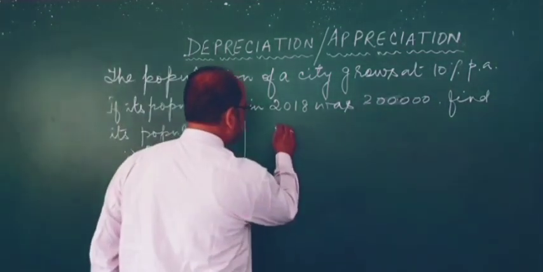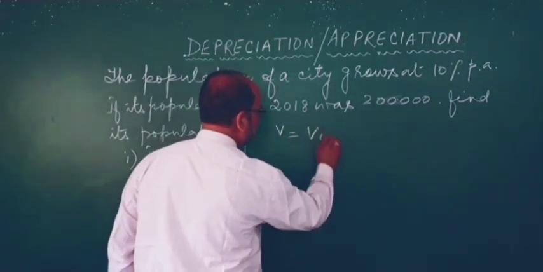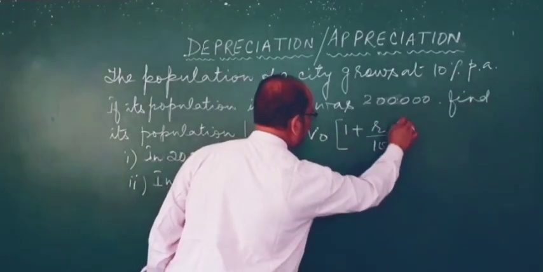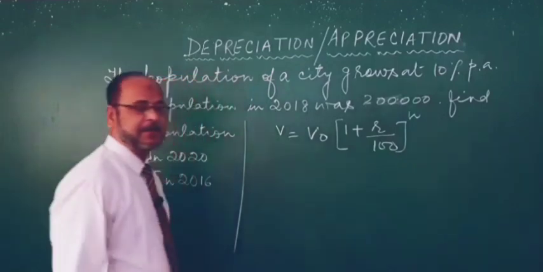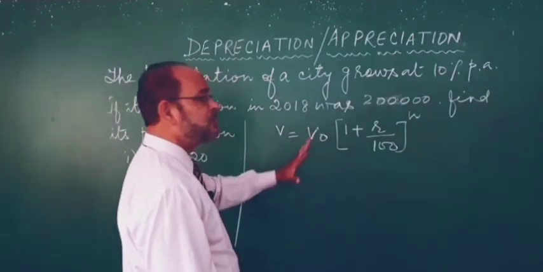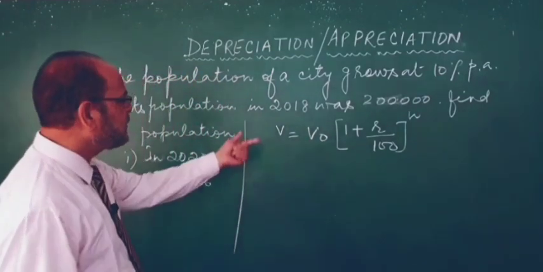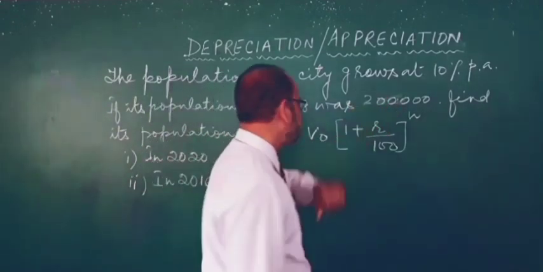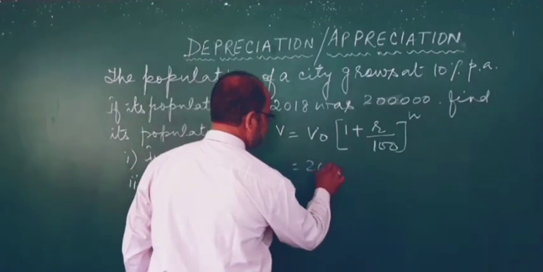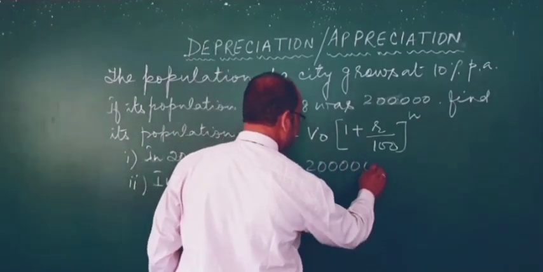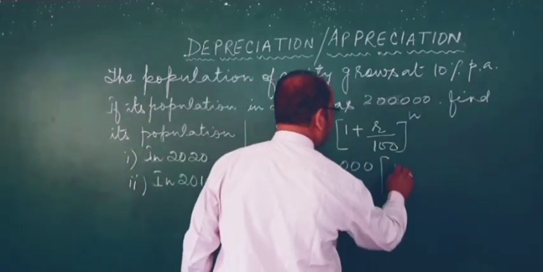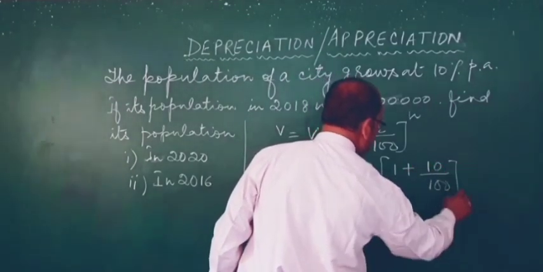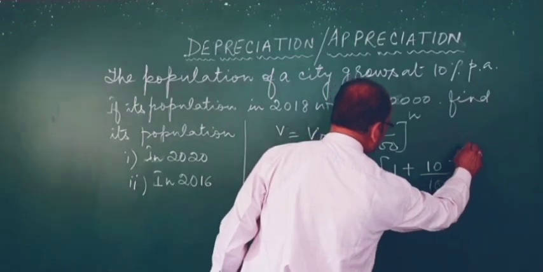So we will write this formula V equals V0 (1 plus R upon 100) to the power n. What is V0? V0 is the present. So here the present population is the population of 2018. It is 2 lakhs. So we will write 2 lakhs here. 1 plus rate is 10 upon 100 to the power n, and time will be 2 years.